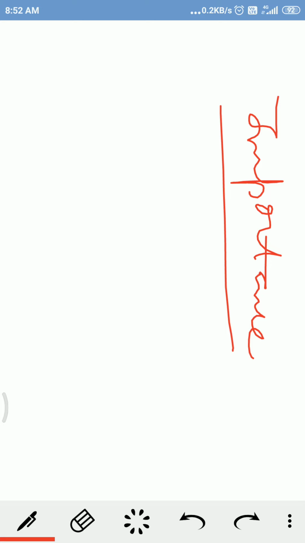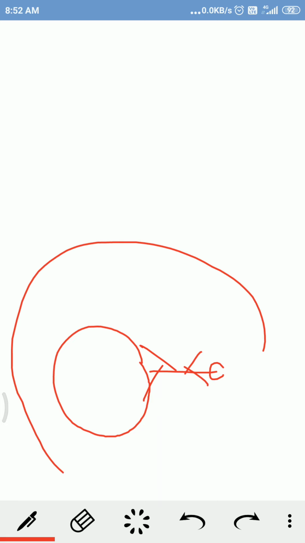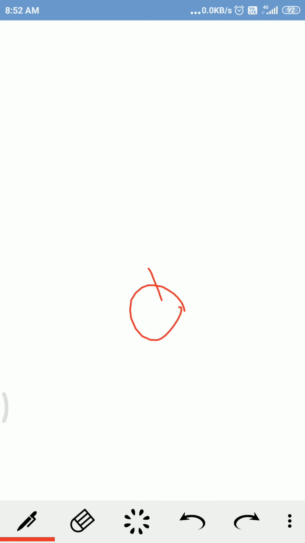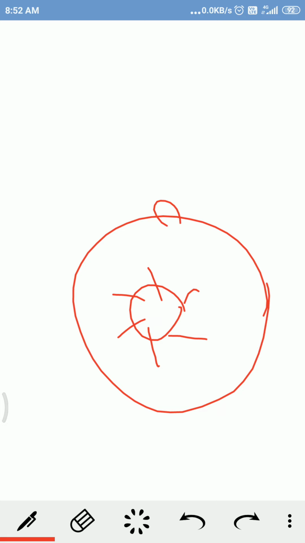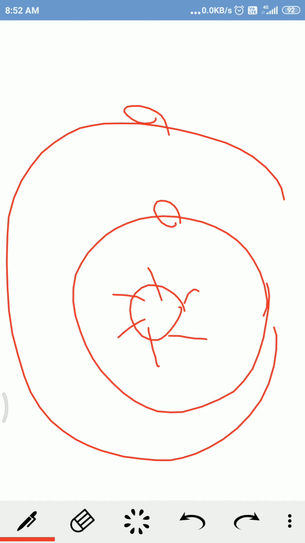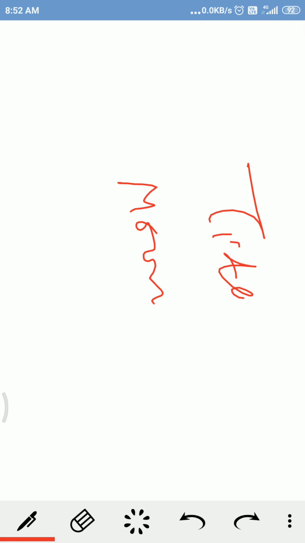Now, the universal law of gravitation is important because it explains the force that binds us to the surface of the earth and the motion of the moon around the earth, and it also explains the motion of the planets around the sun, and it also explains the tides, high tides due to moon and sun.